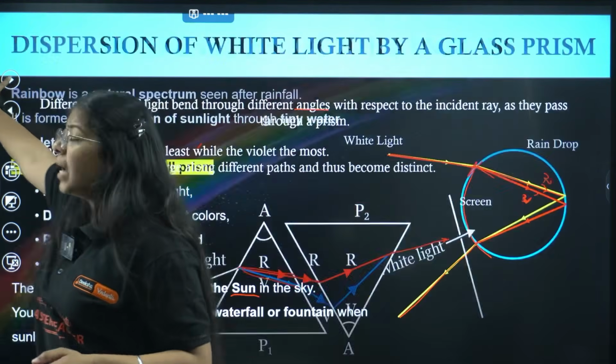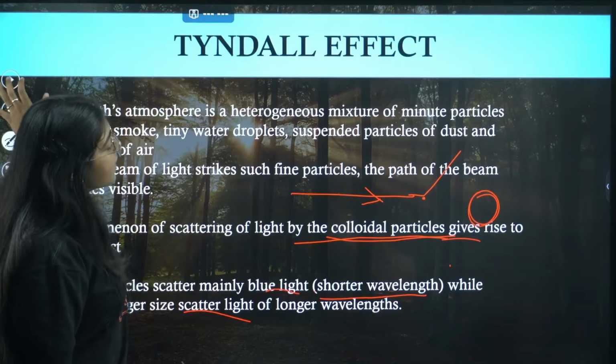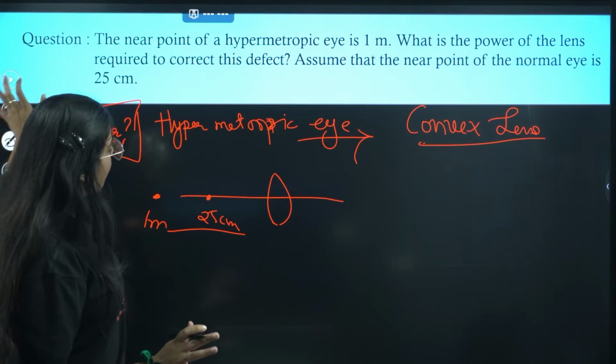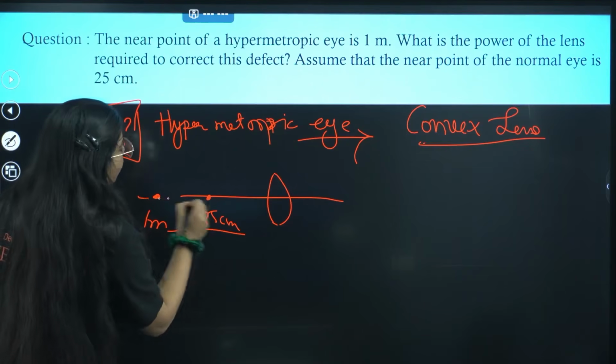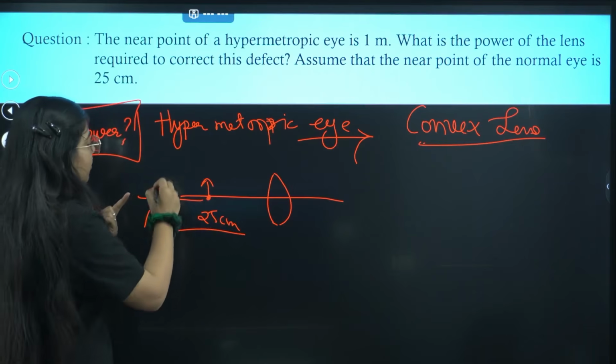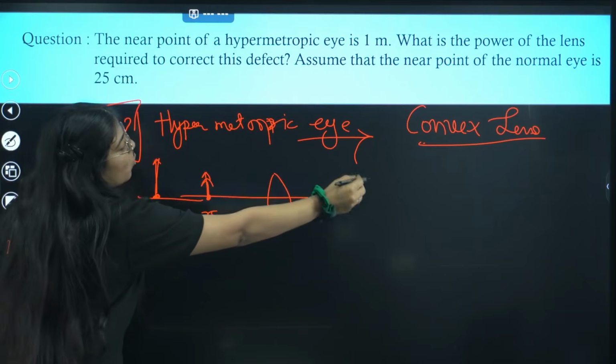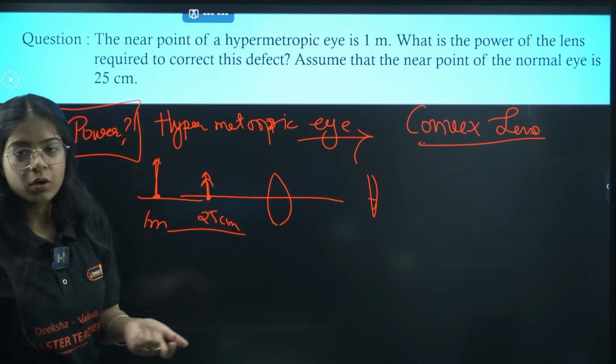So the lens we are using for correction is actually doing nothing but making the image of the object which is at 25 centimeter at 1 meter, and then this 1 meter image will go into our own eye.